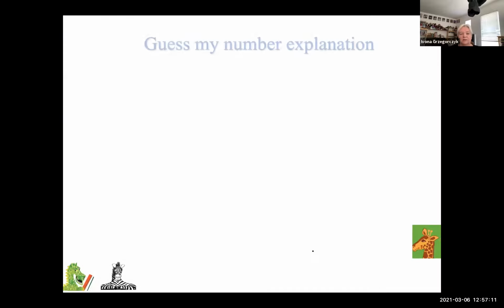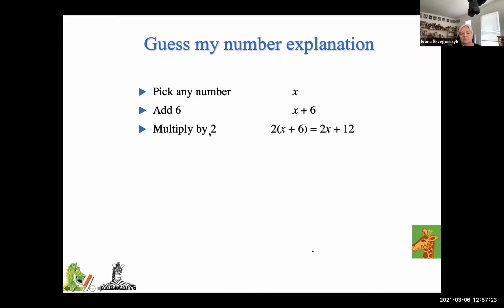So how does the first one work? Remember, everybody got 7. So you picked a number. I didn't know what you picked, so I call it X. Then you added 6. Then I said multiply by 2. So you have to multiply the whole expression by 2. So I'm getting 2x plus 12. Subtract 10.